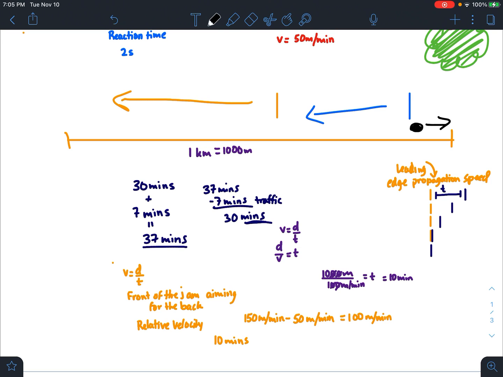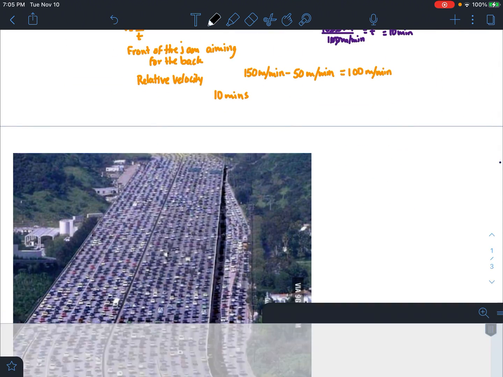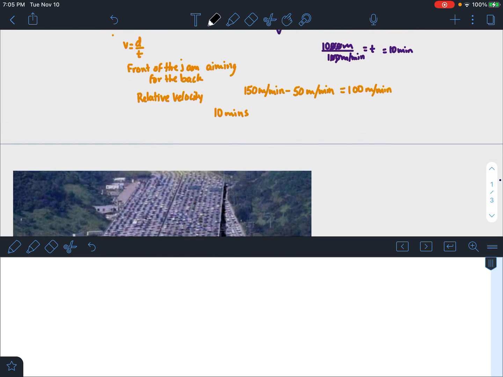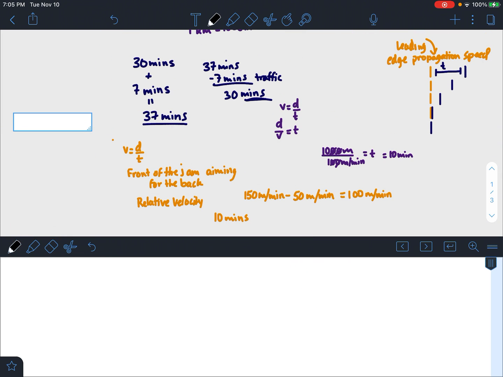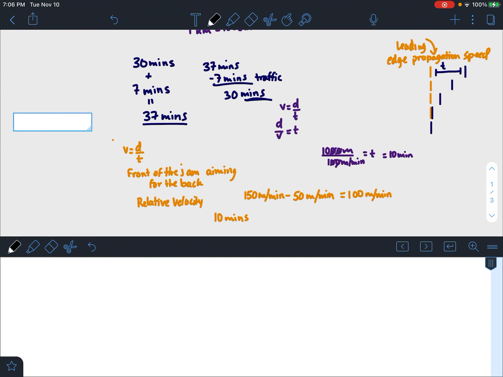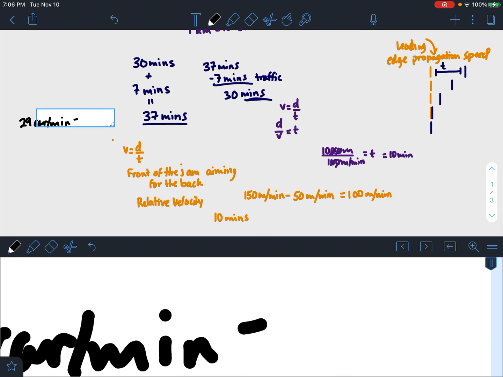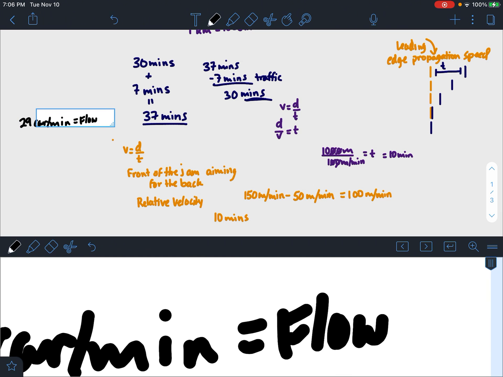And if you were to do the math for, let's say the cars were 10 cars per mile. Well, let's say the flow rate was 29 cars per minute, right? Let's say if the flow rate was that.